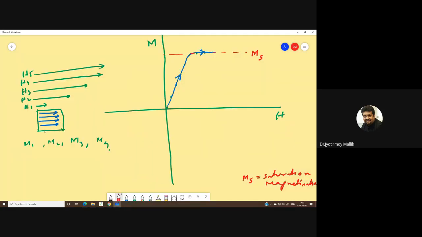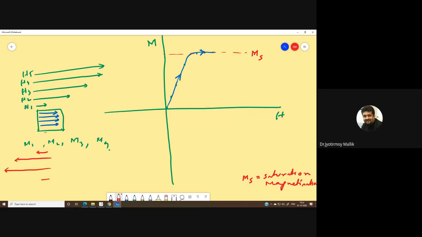All right, so this is what we call saturation magnetization. Once it reaches saturation magnetization, I will reverse my magnetic field. So I'm now reversing my magnetic field, and I keep on increasing it in the reverse direction.